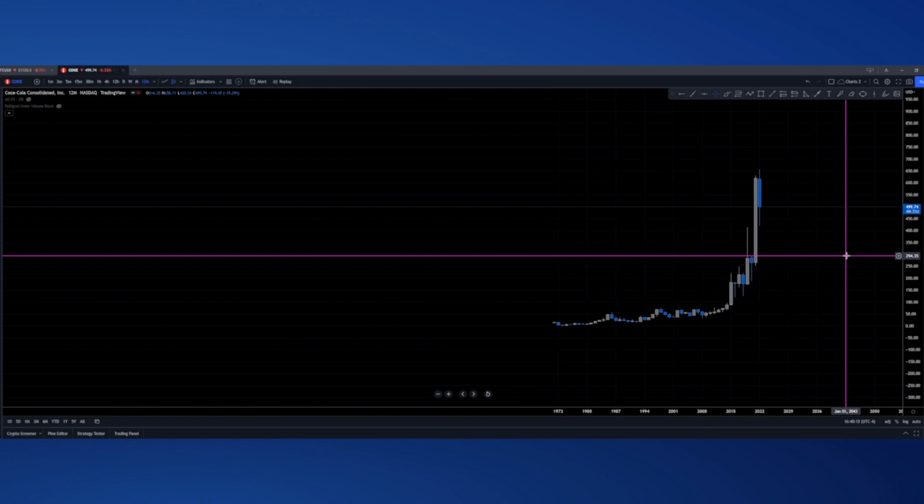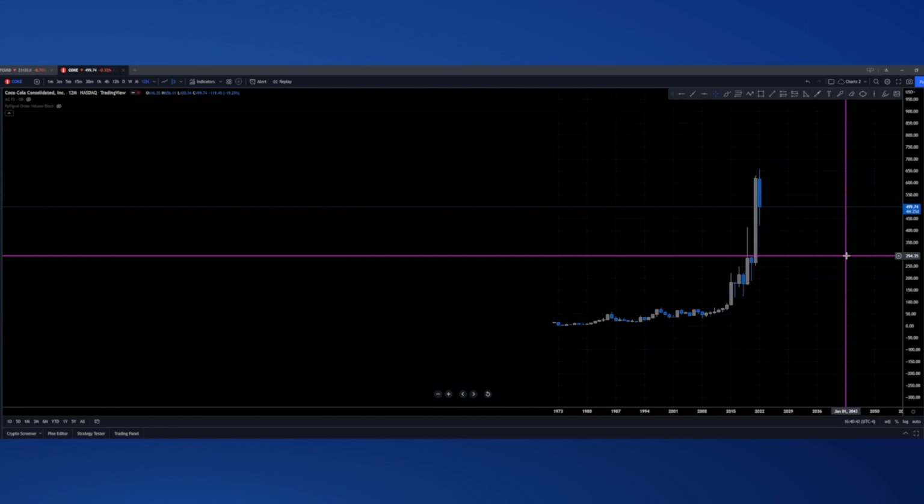It's not very strict, but it is a guideline. If those two levels are too far apart, I'll split that trade in half, and I'll put half of it on the lower one and half on the higher one, and then adjust my stops accordingly on each of those.